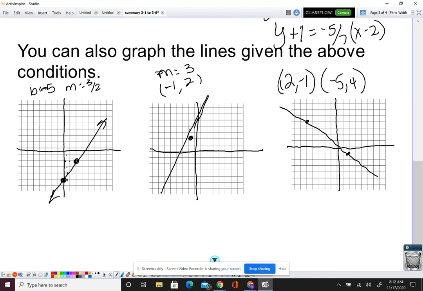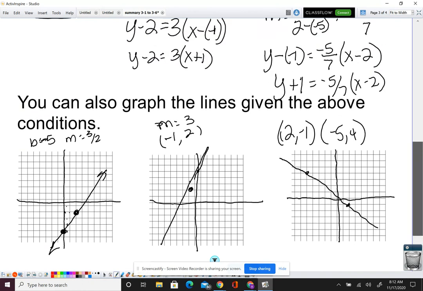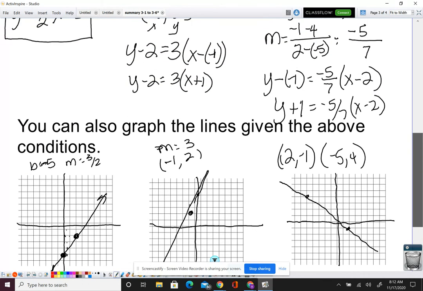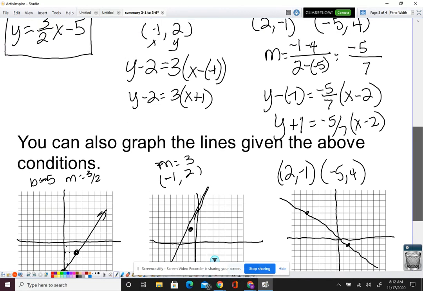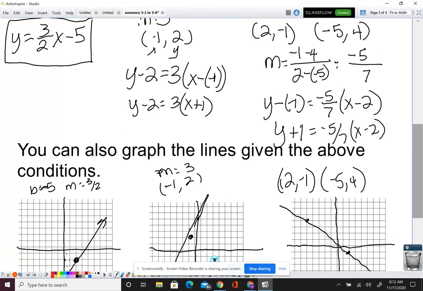So creating the line and graphing the line are two of the things that they wanted us to do in section 3.5 and 3.6, using the slope-intercept and the point-slope. I'm going to stop the recording.